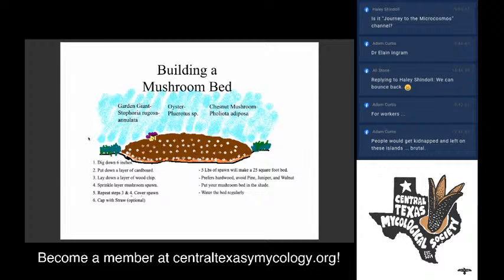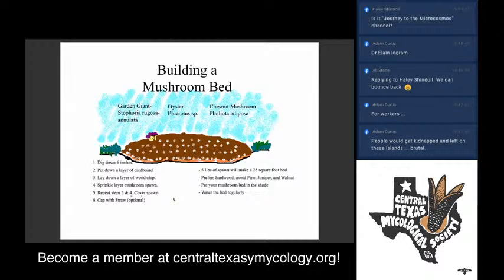But how you build these little buggers is you dig down a little bit to use the surrounding soil as some insulation, and that'll help keep the water in there a little bit longer. You're going to want to dig down 6 inches.